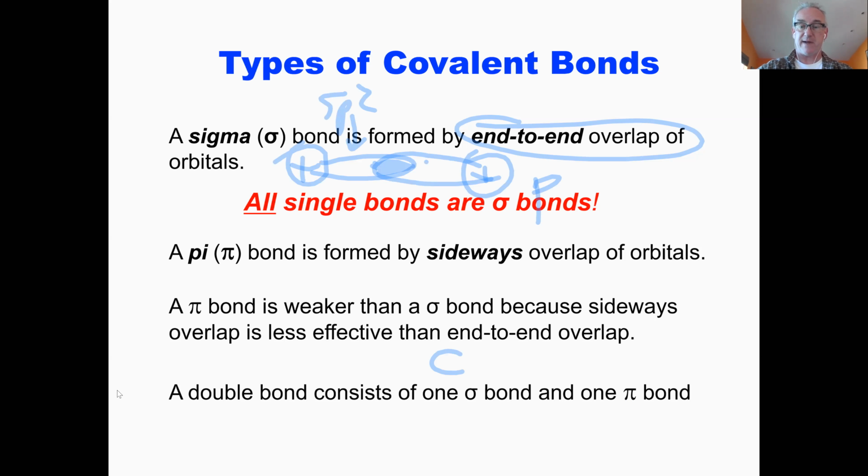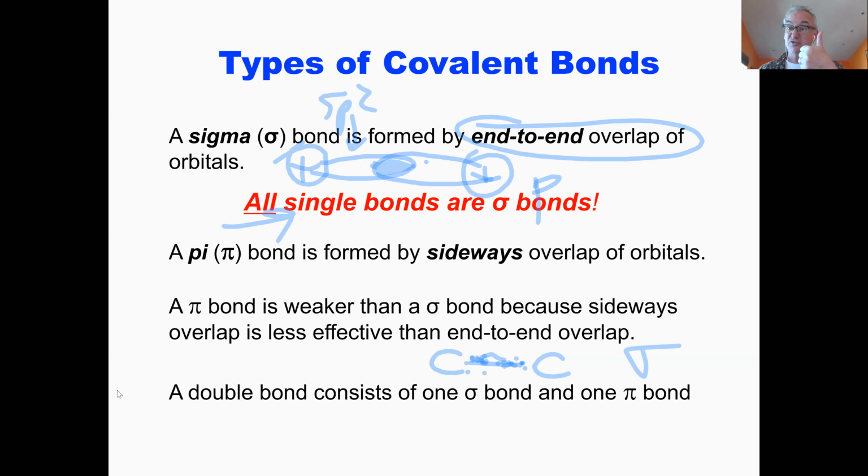So here, if I go back to carbon, carbon. If I have a single bond between carbon, carbon, that is a sigma bond. All single bonds are sigma bonds. And all sigma bonds have electron density directly in between the two atoms. They're not out in space somewhere. They're not flying all over the place. It's directly in between the two atoms.